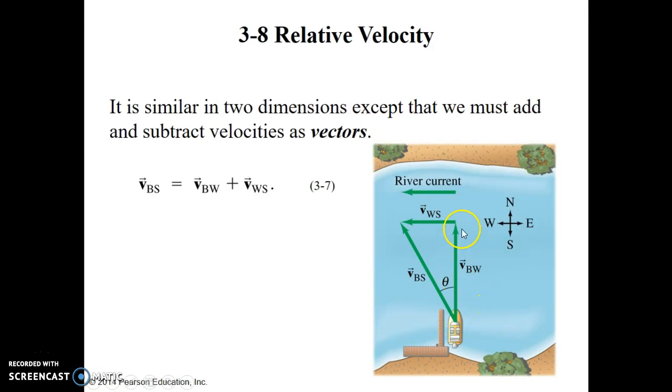So here's the boat's velocity, here's the water's velocity. What is the actual path the boat takes? Well, you add these two vectors together and you've got the velocity of the boat relative to the shore. So yes, we do add these two values, but we have to add them as vectors, which means we have to use our trigonometric equations, Pythagorean theorem, and the sine, cosine, tangent trigonometry functions.